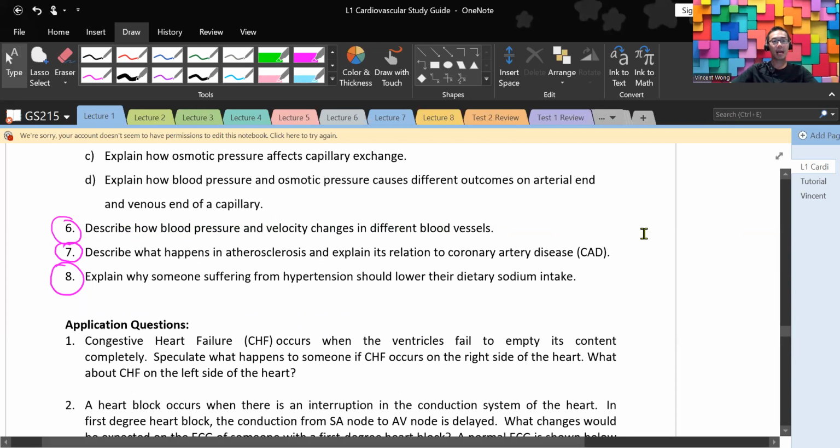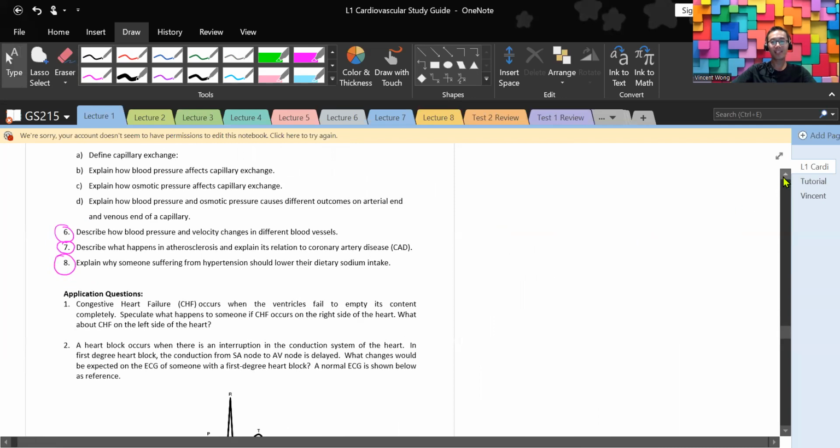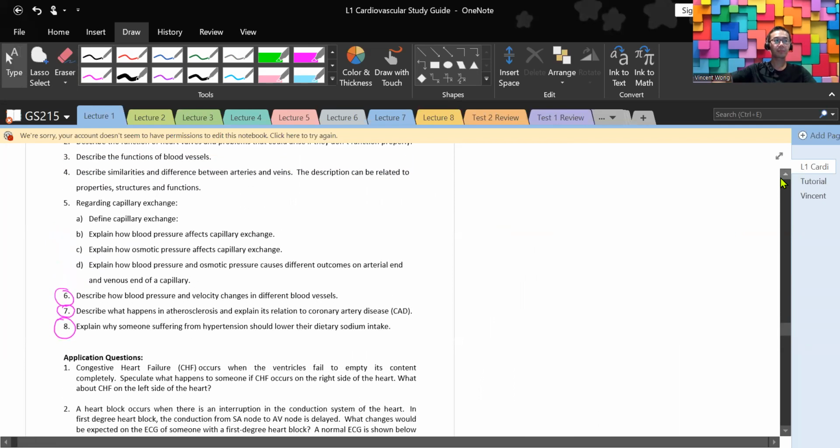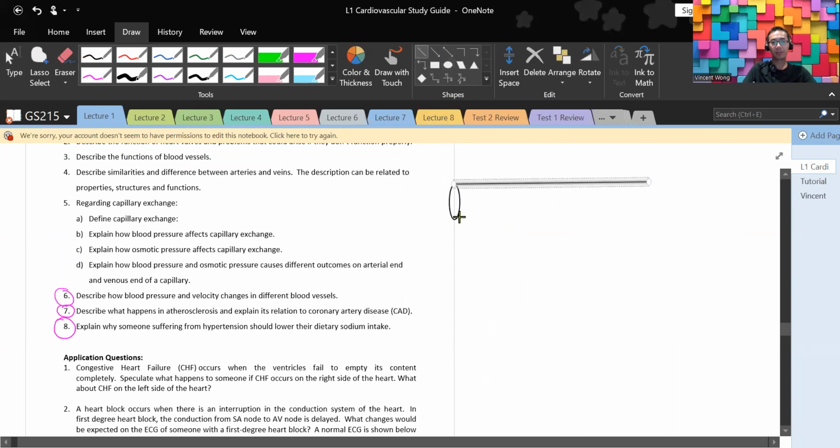Number 7: describe what happens in atherosclerosis and explain its relation to coronary artery disease. Let's talk about what that is first. Here is a blood vessel, and blood is going to flow normally like that.